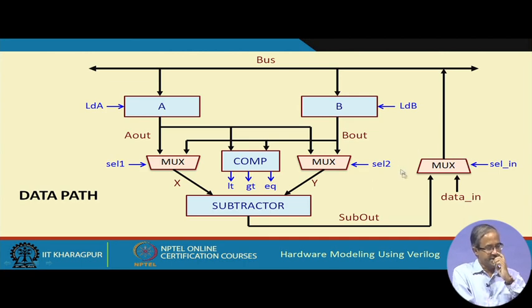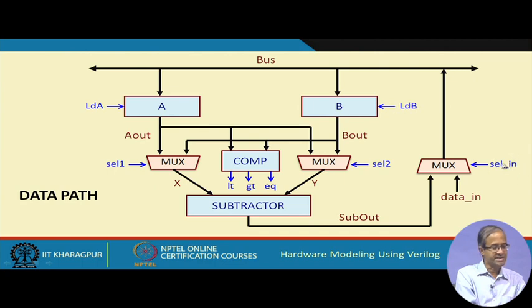And there is another multiplexer. This multiplexer will be selecting either an external data signal, data in. You see, initially when you load the values in A and B, we need the data in to come to the bus and be loaded to A or to B. For loading, we have the load A and load B control signals.